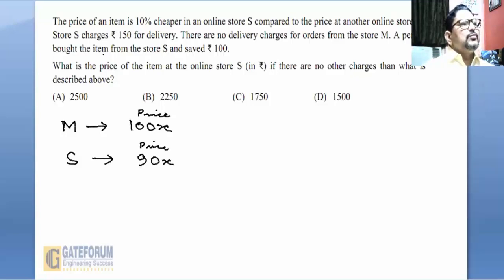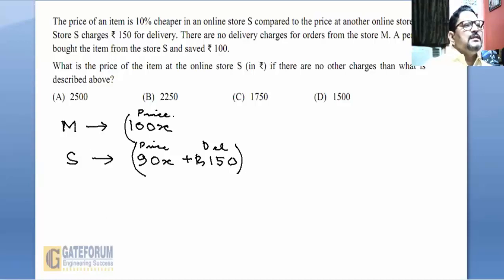But then store S charges 150 rupees for delivery. So this is a delivery charge, which is not charged by M. So for the customer, the total payment to be made if purchased from S is 90x plus 150, whereas if purchased from M it is only 100x. In spite of that, it is found that had the person bought it from S, he would have saved 100.